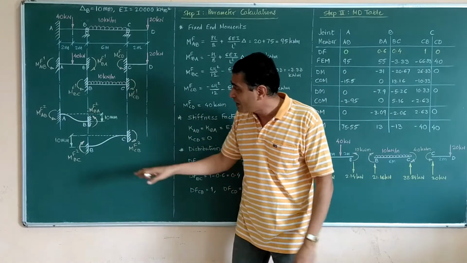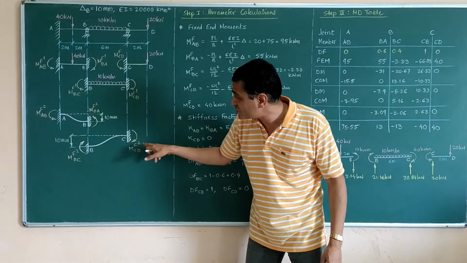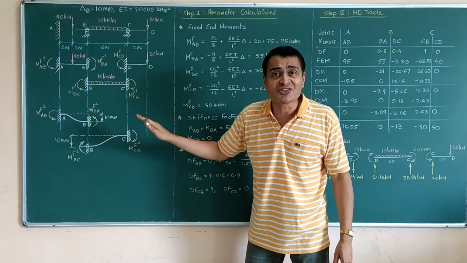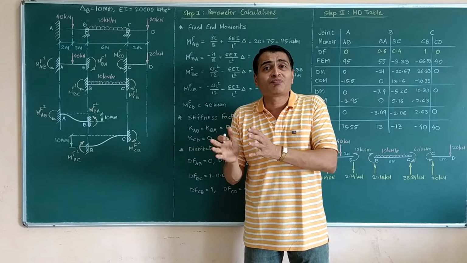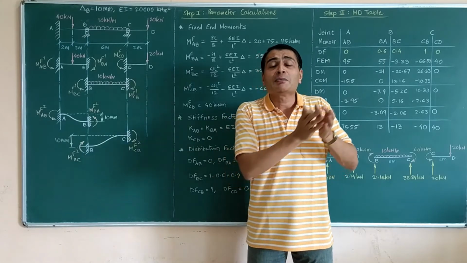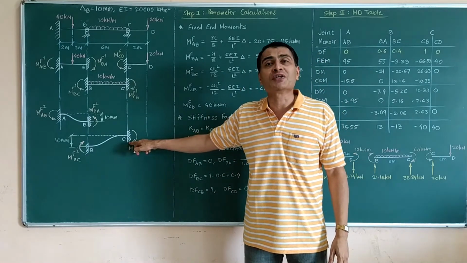On the other hand, again support B sinking down by 10 millimeters, support C as it is. You can imagine portion CD will not be affected by B sinking down, since we are imagining complete fixity here.